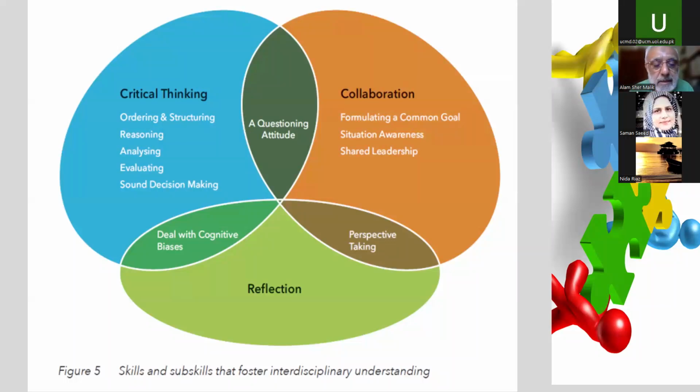The skills to foster interdisciplinary understanding, the three major skills: critical thinking, collaboration, and reflection. It means that if we want to establish interdisciplinary education, we have to have these three skills. We should have the ability of critical thinking, that means reasoning, analyzing, evaluating, and based on that, making sound decisions.